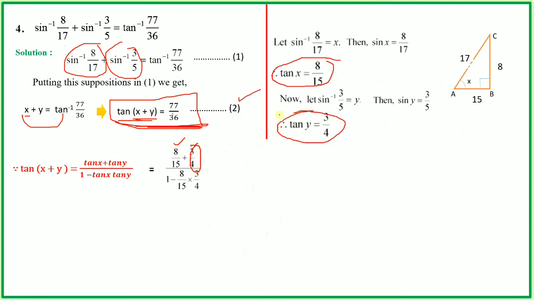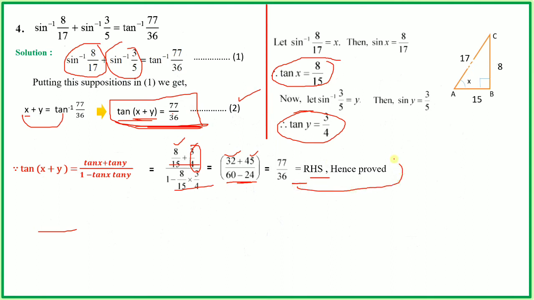Taking LCM, 15 into 4, 60, cancel, 8 4 is 32 plus 15 3 is 45, so 32 plus 45, 77 upon 60 minus 24, which is 36, equal to the right hand side, hence proved. That's all about this question.